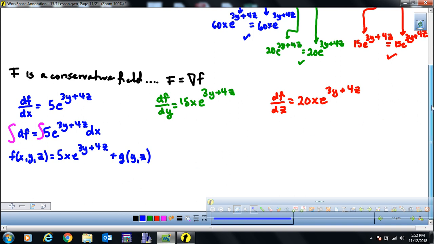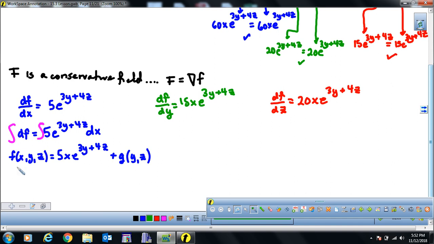So to determine if it's going to be a function in terms of y, a function in terms of z, or a function in terms of y and z, or just a constant, we need to use the second and the third conditions. So, second condition. We are required to get the derivative with respect to y now. The derivative of this potential function with respect to y to use this condition.